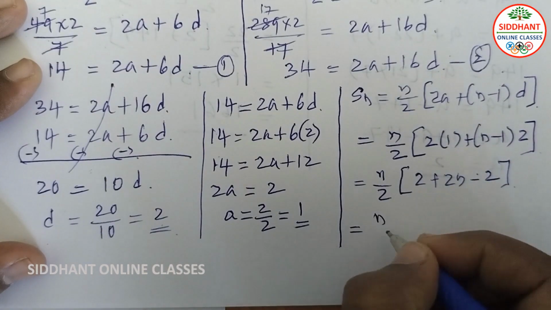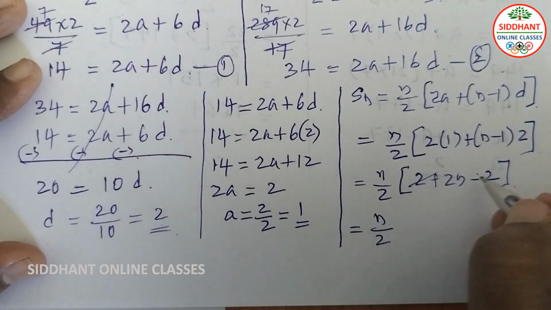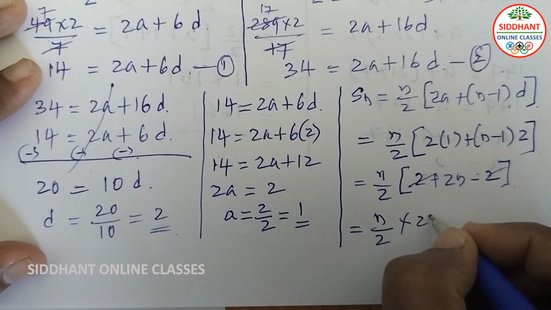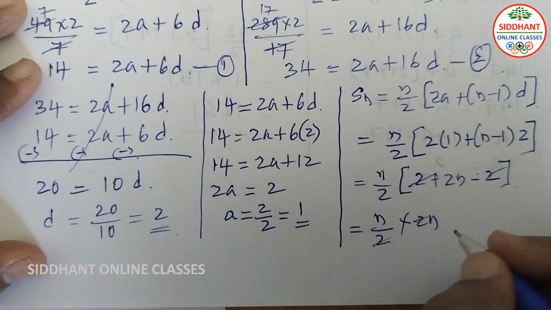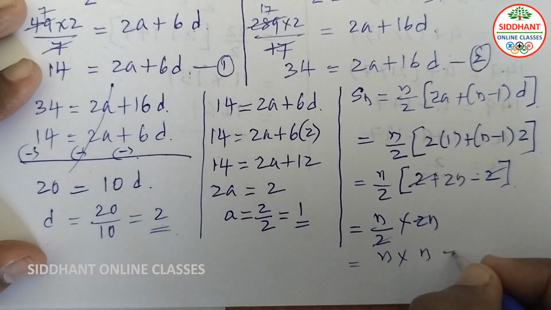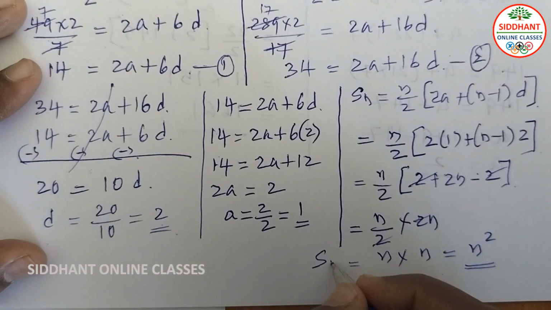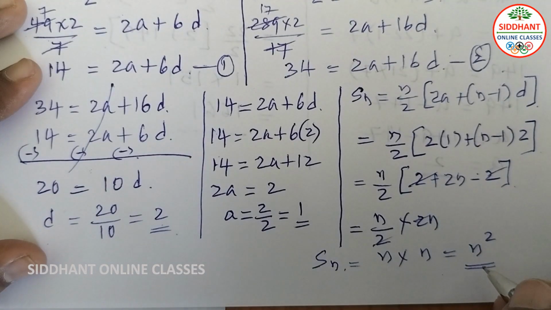So n by 2, here 2 cancels, into 2n, 2 cancels, and we get n into n, which is n square. So the sum of first n terms is n square.